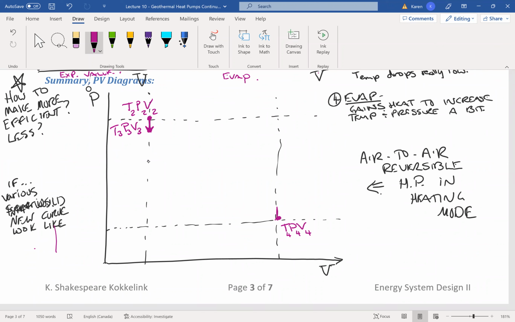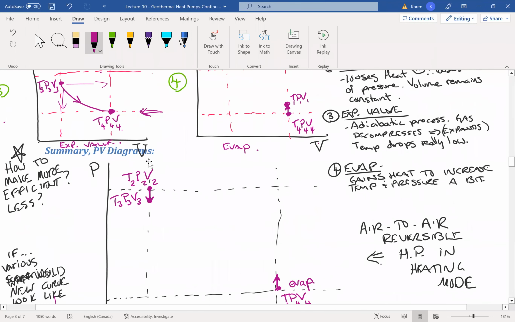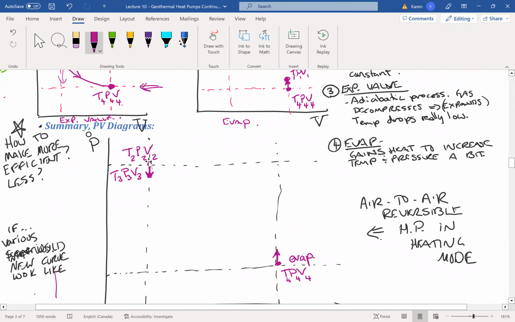And here across your evaporator, you gained a little bit of pressure because it got energy from outside.